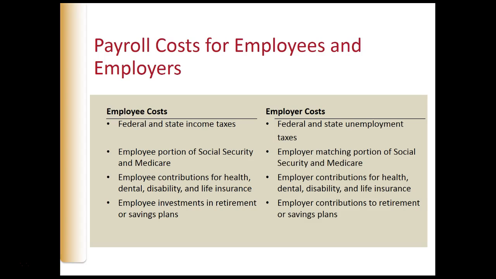As you see here, employees will have federal and state taxes, employee portion of Social Security and Medicare, employee contributions for health, dental, disability, life insurance, and employee investments in retirement or savings plans, where employer cost would be the federal and state unemployment taxes, the portion that the employer has to match for Social Security and Medicare, the employer contributions for the various types of insurances, and the employer contributions for various retirement or savings plans.